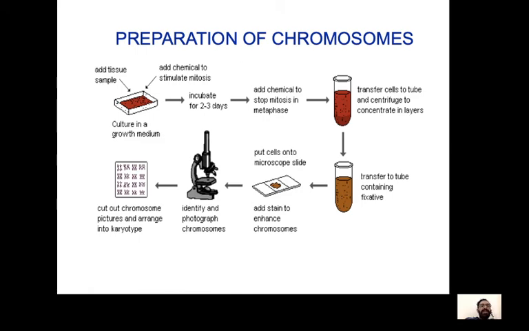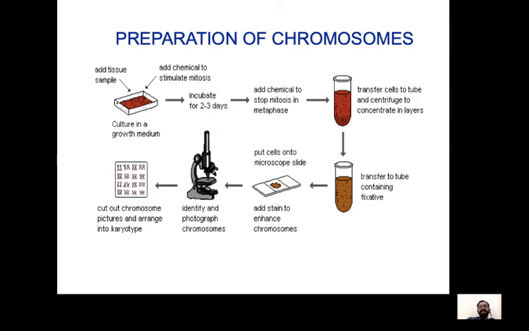It could be any one of the growth media depending upon the type of cells, for example M199 or some other media. We add chemicals to stimulate the mitosis and incubate for 2 to 3 days so that cell division is going on, and then add the chemicals that will stop the mitosis in metaphase.